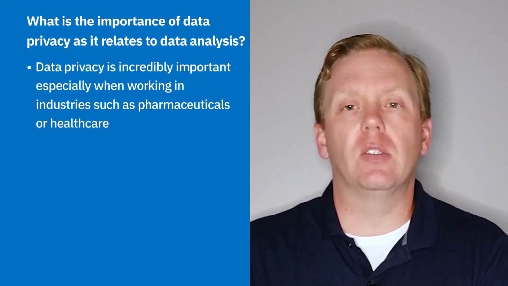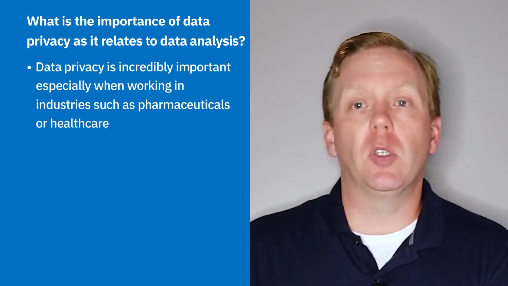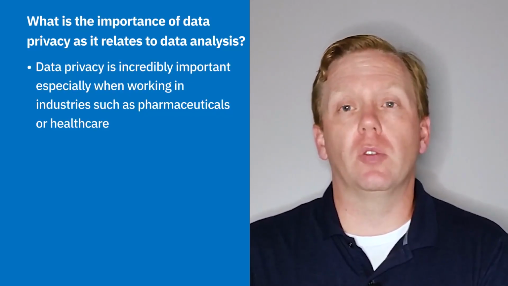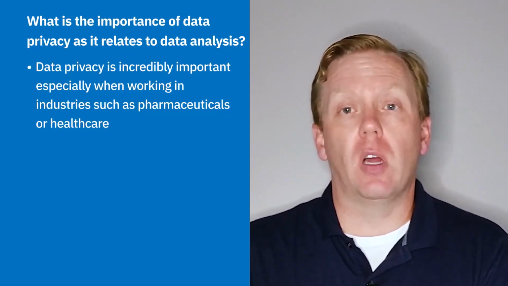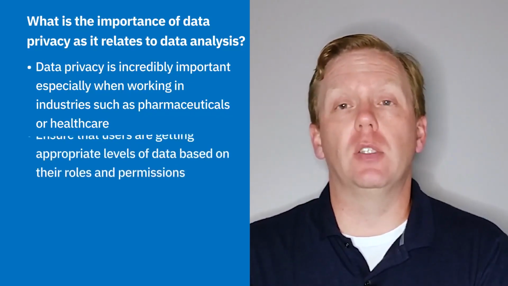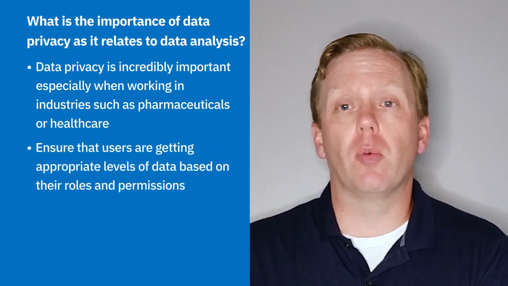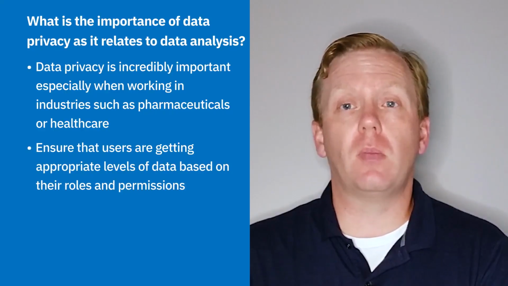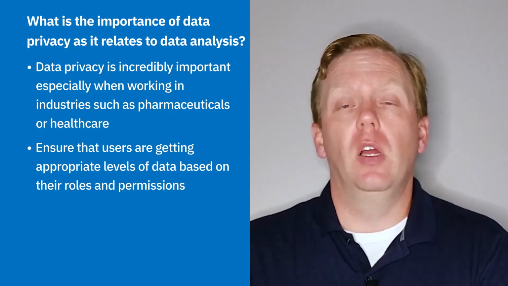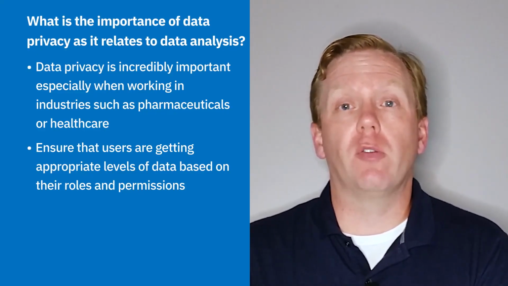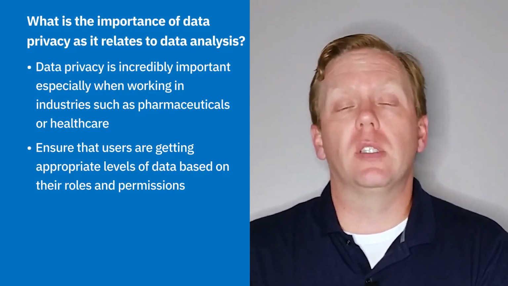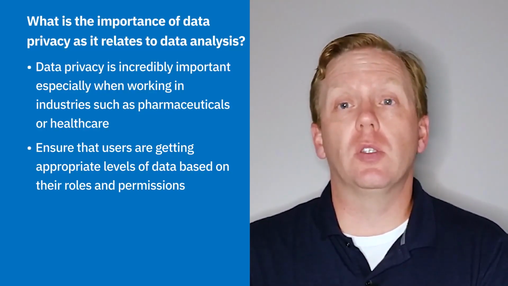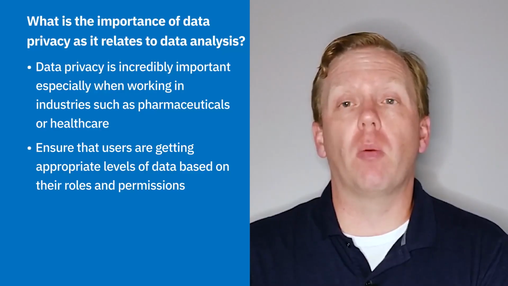Data privacy is incredibly important, especially when you're working in industries like pharmaceuticals or healthcare. But that's not where it stops. We have to make sure that users are getting the appropriate level of data based on their roles and their permissions. We can do this through a number of cuts of the data specific to each geography or each function, or in some tools, such as Cognos Analytics, we can build that out as part of our model.